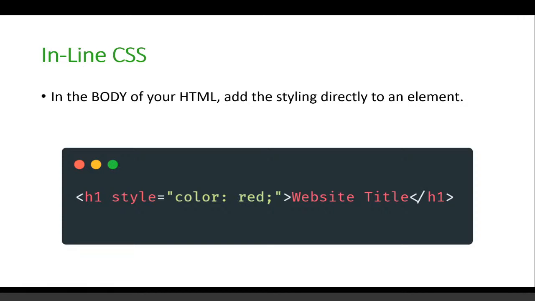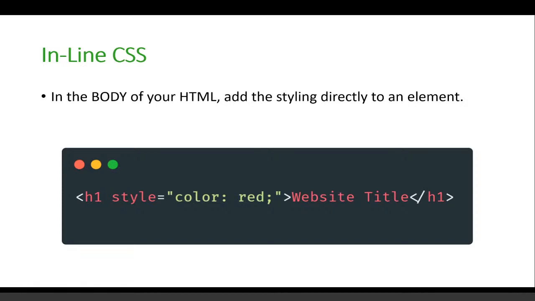When we're getting to this inline CSS, it is specifically for one specific HTML element that's in the body of your HTML. And so we can just add a style attribute into the opening tag of an HTML element, as you can kind of see here. And that's going to change the style of that element.